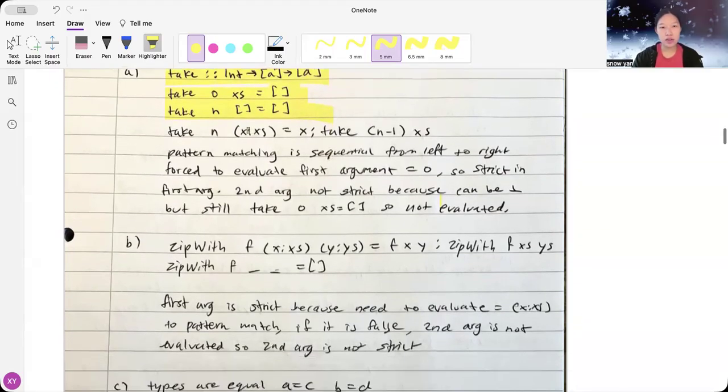And the third equation is that if I have something proper like this, then I would just take x, the first element, and then I have n minus 1 elements to take from the remainder of that.